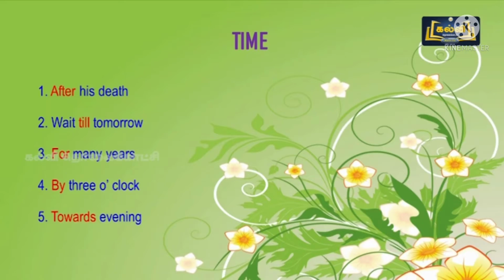Third one is for many years. Here for is the preposition. Fourth one, by 3 o'clock. Here by is the preposition. Next one, towards evening. Here towards is the preposition. Students, you can understand the prepositions while reading the sentence itself.